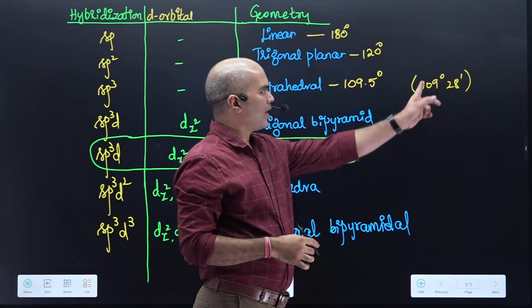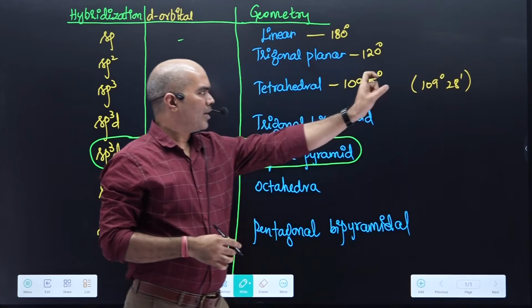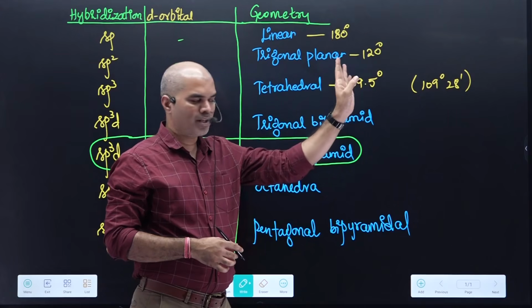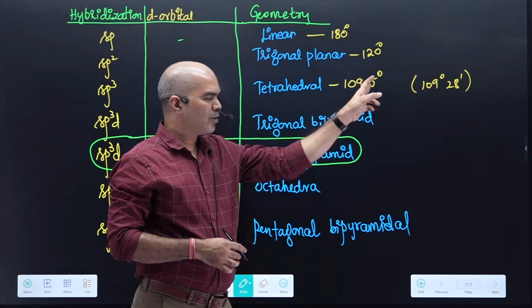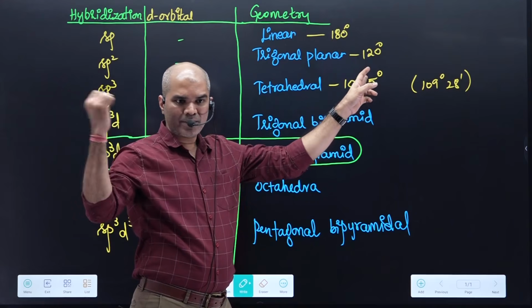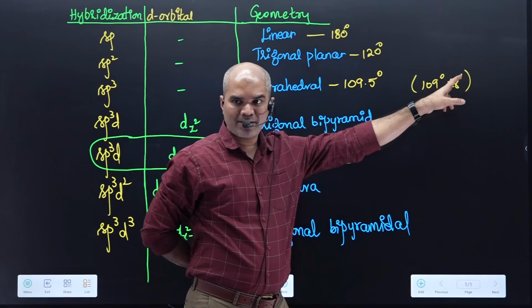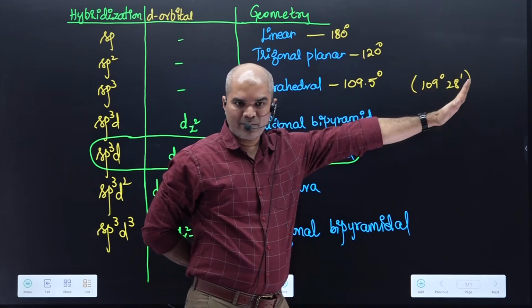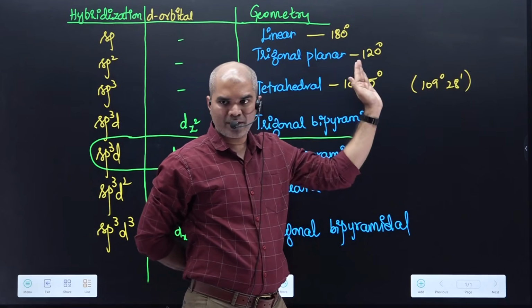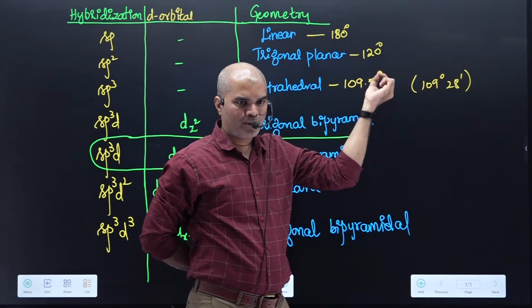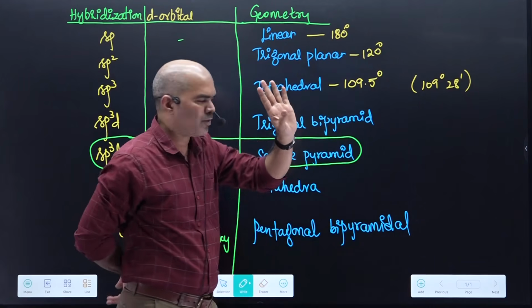So I can call it 109 degree 28 minutes, or directly if I want to give in degrees, 109.5 degree, you take it as 109.5. It is not exactly 0.5, it will be 0.4 something, very close to 0.5, because this is 28 minutes, not 30 minutes. If it is exactly 30 minutes, this is exactly 109.5; lesser than 30 minutes, so it is 109 point, a little bit less than 0.5. Take it as 109.5.